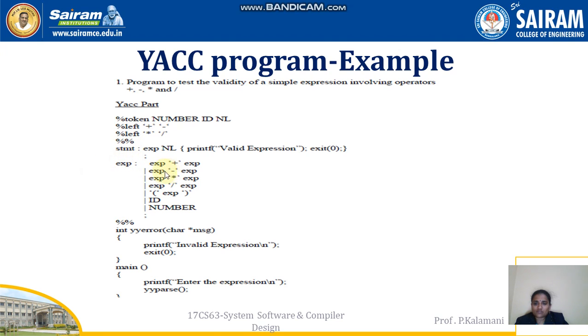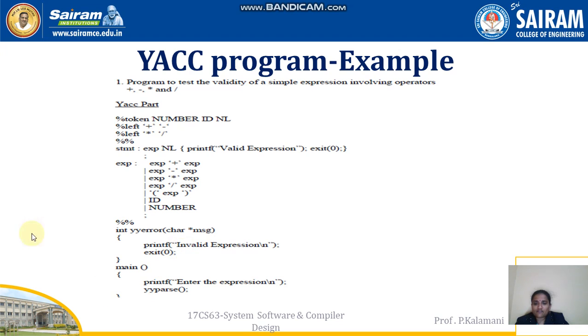Here the grammar rules are specified: expression equals expression plus expression, or expression minus expression, or star, or slash, or an expression may come within brackets, for example x equals bracket a plus b. Then the operands may be an identifier or a number. Finally it should end with a semicolon. Then percentage. This should be given after the grammar rules.